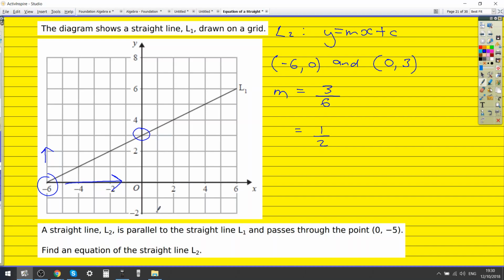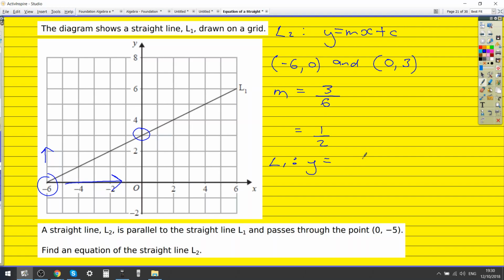Right. Any idea what the equation of this line is, L1? So is it y equals -5? That's L2, so L1. Oh, L1.